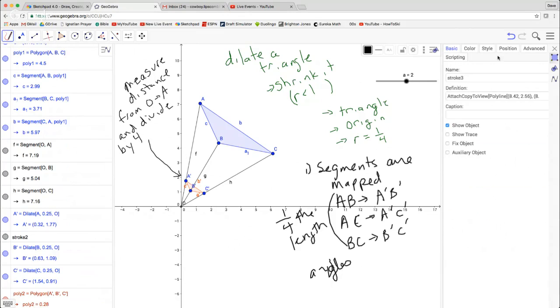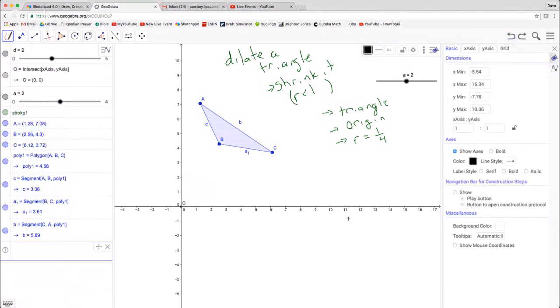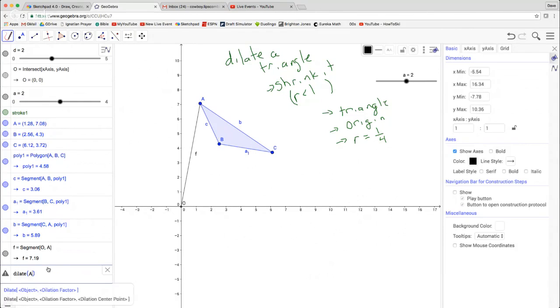Whoa, that's just ridiculous. Oh my goodness. It just undid everything. Well, let's just go through. I'm just going to dilate everything. I'm going to type in my commands really quickly.